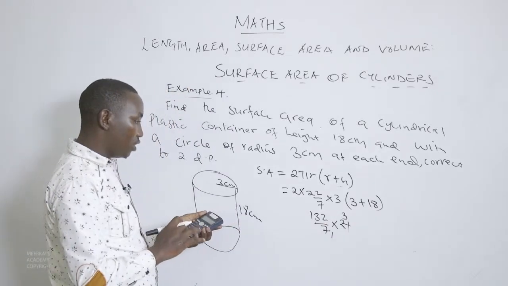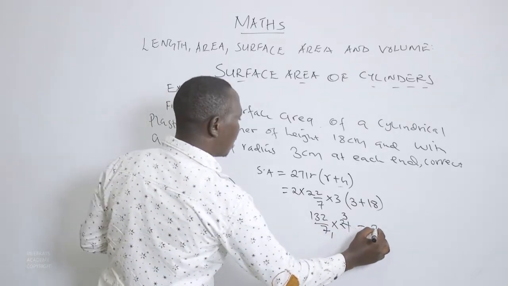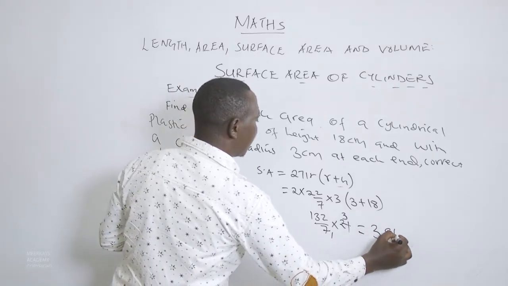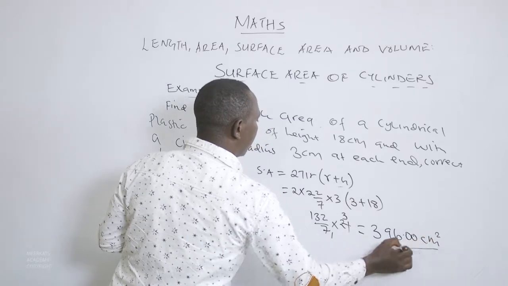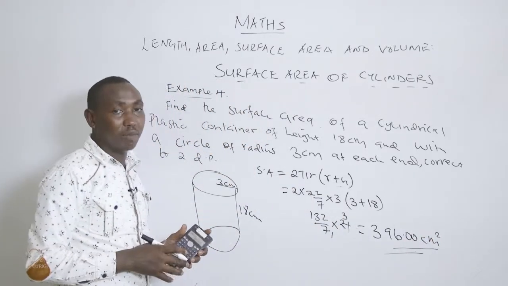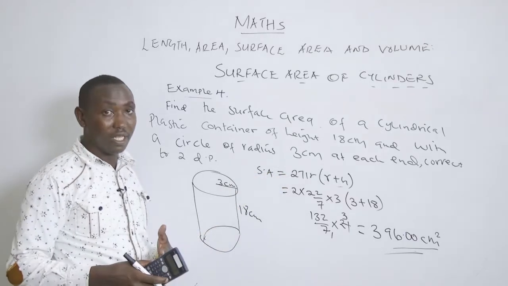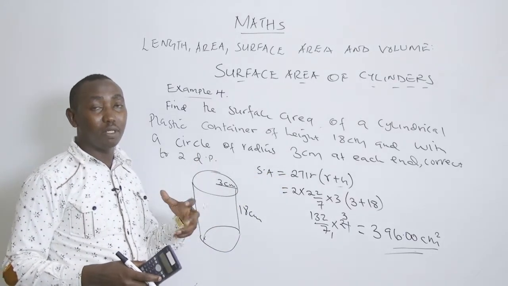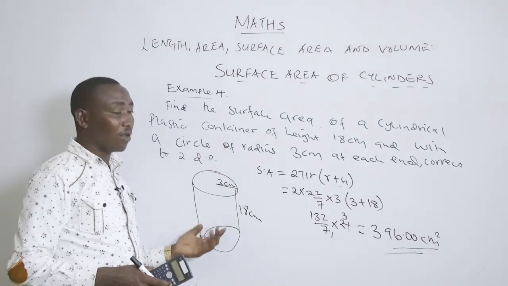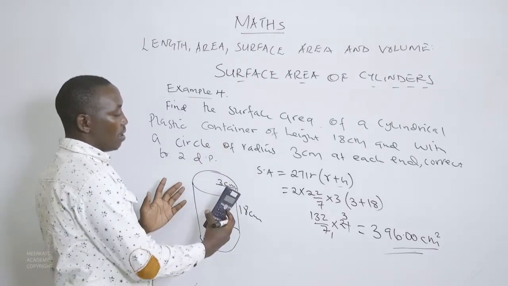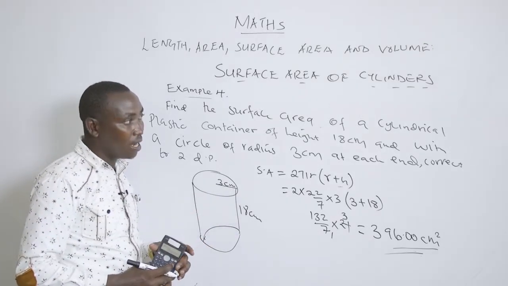So we shall have 132 times 3, which will give us 396.00 square centimeters. The formula simplifies everything, so long as you can derive that particular formula using the top and the bottom circular parts and the curved surface, which gives you a rectangle.